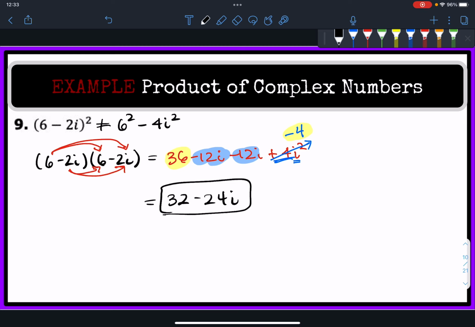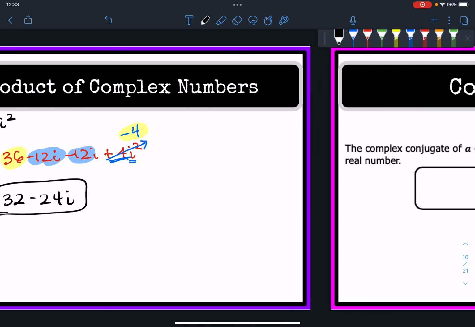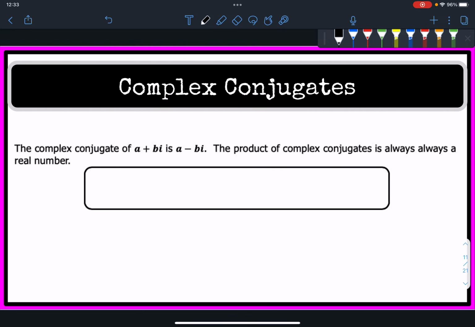Now there's a special case and a special condition when we end up multiplying what are called complex conjugates. Complex conjugates are complex numbers in the form of a plus bi and a minus bi. So the conjugate of a plus bi would be a minus bi.